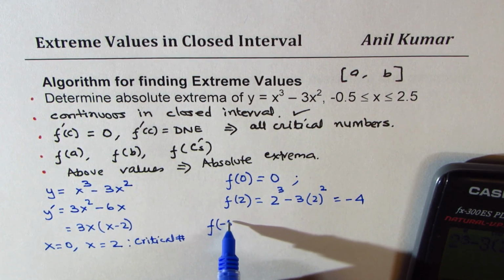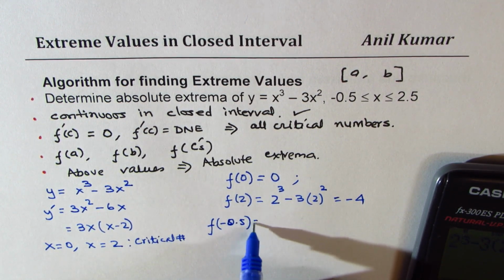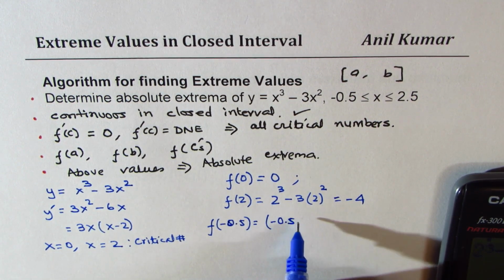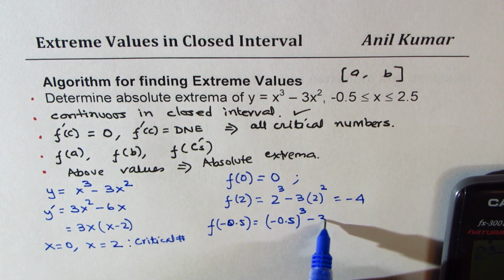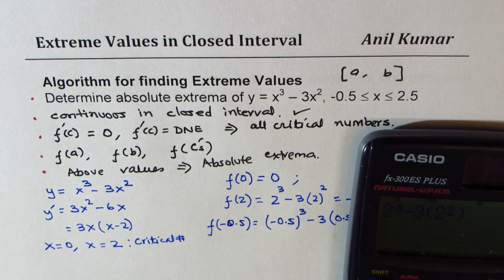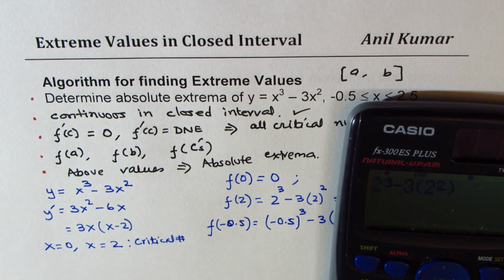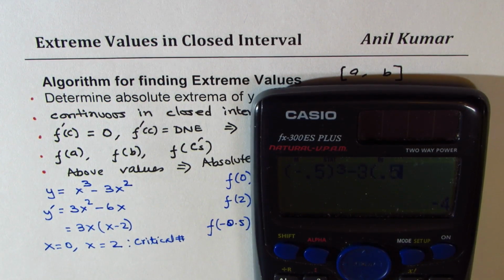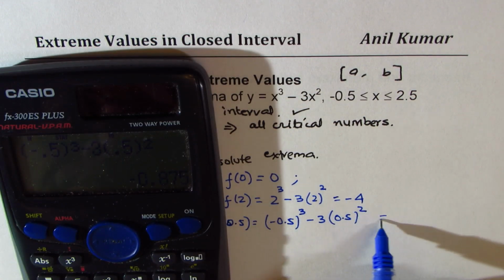So f of minus 0.5 will give us minus 0.5 whole cube minus 3 times 0.5 whole square.